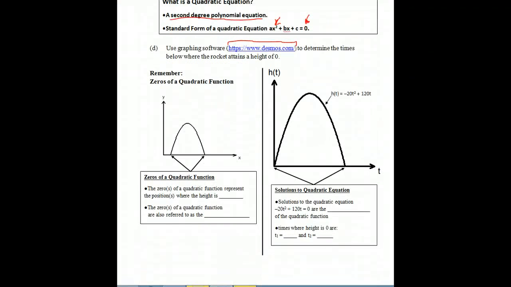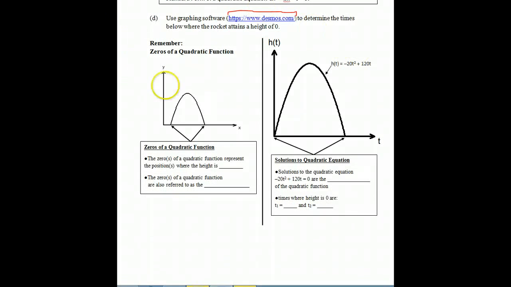Some points you need to remember. Zeros are when the quadratic function touches the x-axis. So the zeros of a quadratic function represent the positions where the height is 0, and the zeros of a quadratic function are also referred to as the roots or the x-intercepts.